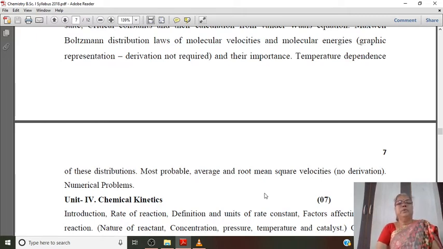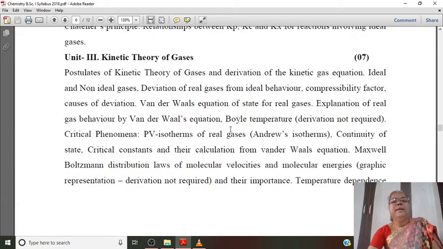The kinetic theory of gases you have already studied last year, in 12th science. This chapter is also a very easy chapter, and all of you are familiar with the assumptions of the kinetic theory of gases. In this chapter you have to study what ideal gases and real gases are, and how and why they deviate from each other.